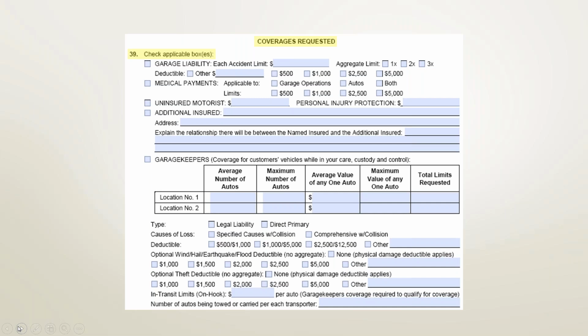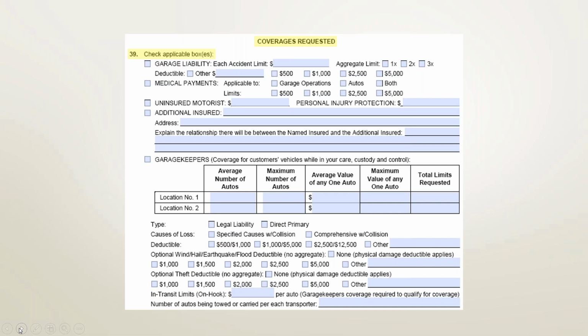Excellent. All right, I'm going to go a little bit into the garage keepers here. So again, this is coverage for a customer's auto while it's in the insured's care, custody, and control. So this is mainly a coverage that a repair shop would want to have. Some dealerships may want a small amount of this coverage if they are test driving customers' vehicles.